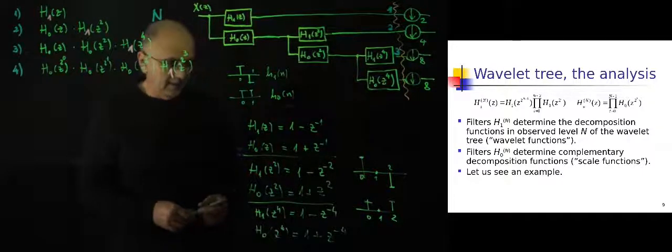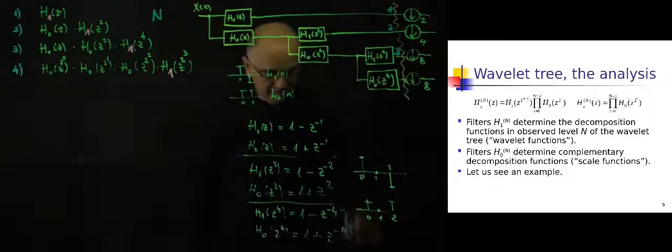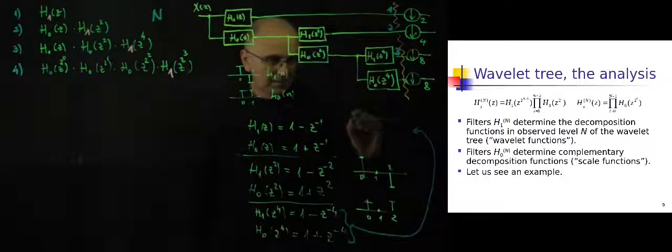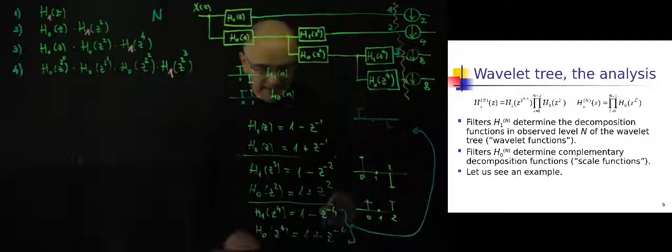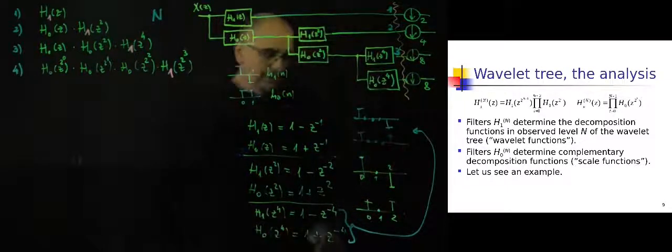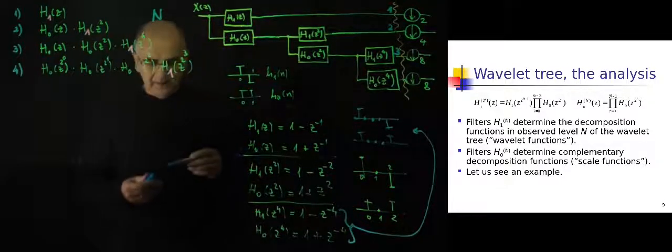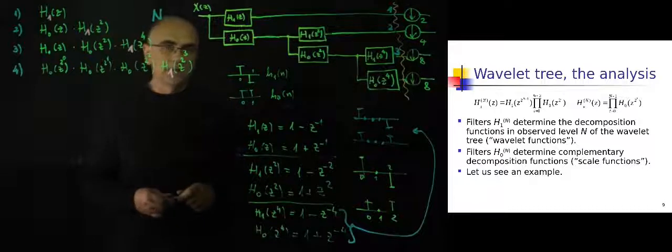I still have some place right here, or maybe I can just draw it. One, 2, 3, and then 1. If we are talking about the high pass filter, it's 1, then 3 zeros, nothing before the Z to the power of minus 4. So 3 zeros inserted in between the samples.